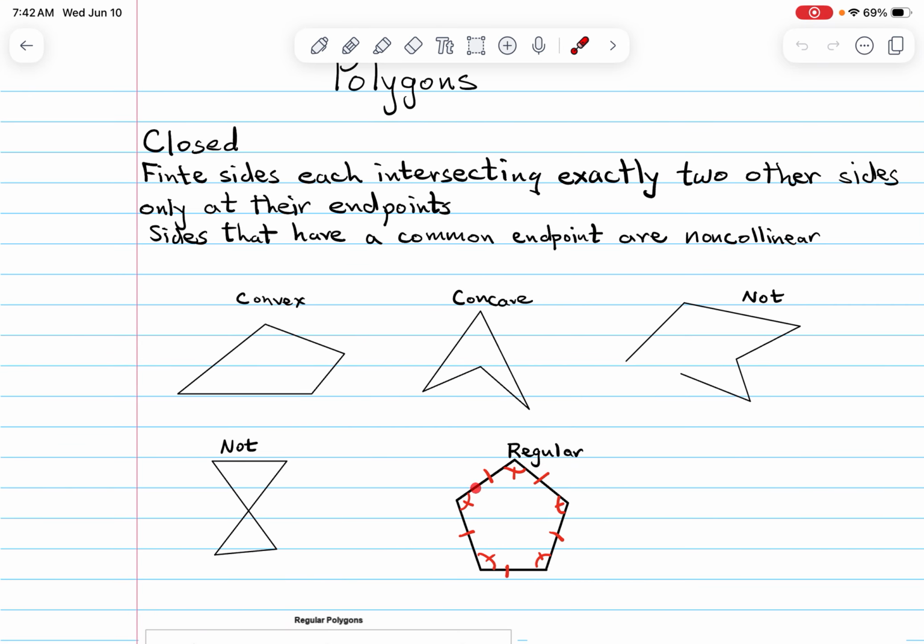A regular polygon has all sides of equal length and all angles of equal measure. So this right here is an example of a regular polygon. Those are the two main classifications: convex and regular polygons.